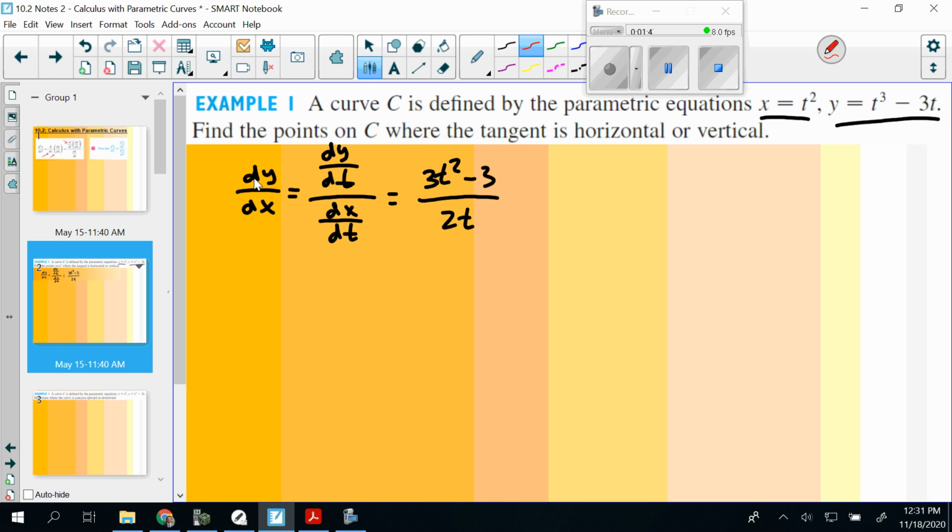Okay, so now to figure out where this is horizontal, that would be where the slope is 0. And slope will be 0 when the numerator is 0. So for horizontal, you want to set the numerator equal to 0.